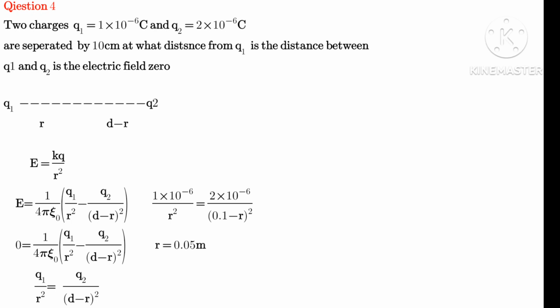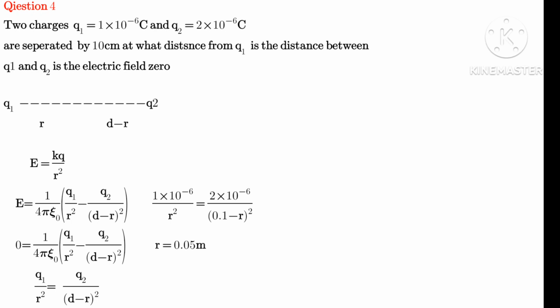We subtract the second one from the first one, and we equate the electric field to be 0, since it was stated that the electric field equals 0. So we make R the subject of the formula. 1 over 4 pi epsilon naught cancels out.